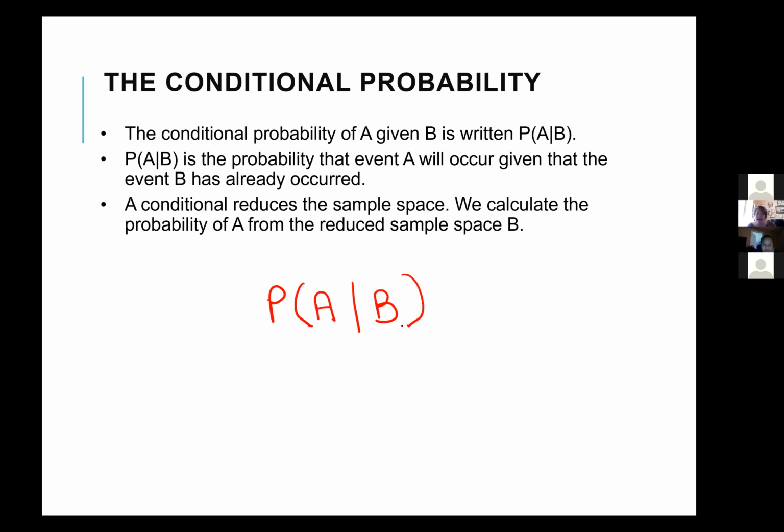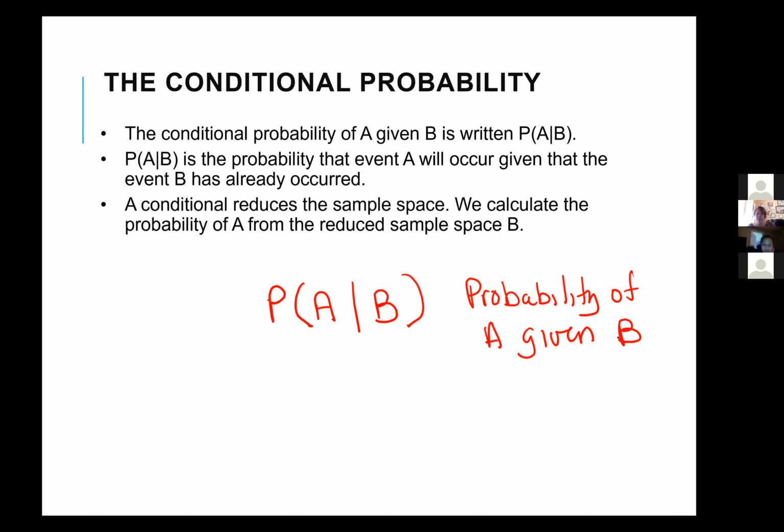So the probability of A given B, that's the way we read this, is the probability that event A will occur given that event B has already occurred.